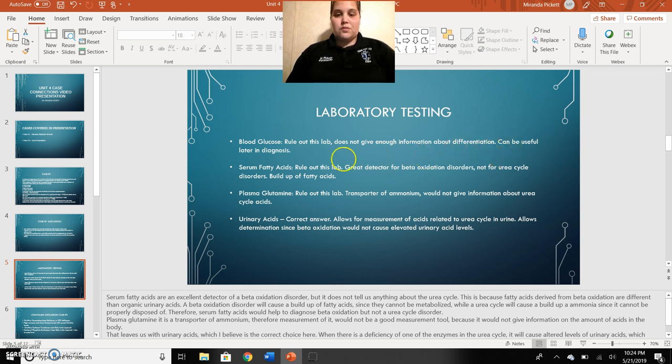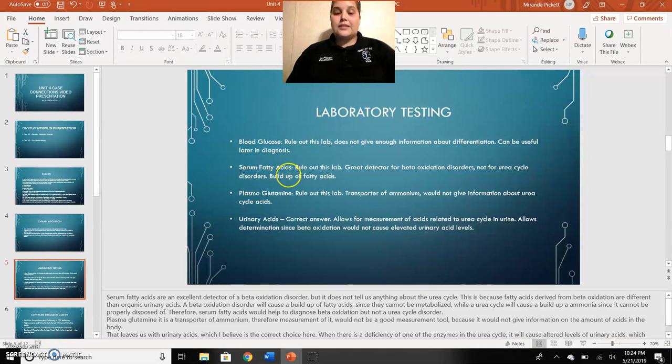However, it can be useful in later diagnosis once you figure out whether it's beta oxidation disorder or urea cycle disorder, because hypoglycemia can be a symptom in multiple disorders in either case. So once we figure that out, we can use the blood glucose level to further determine which disorder it is in the correct category. Again, ruling out blood glucose.